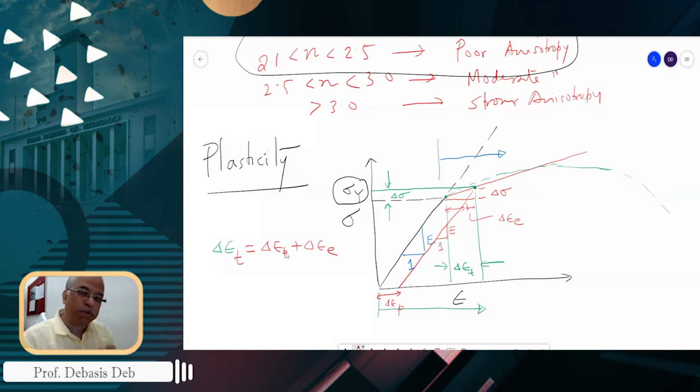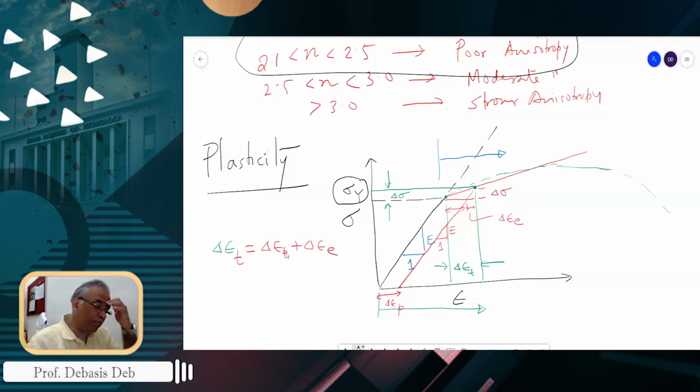That means this much strain I will not get back. So if I release the load, it will come here, not to zero. So this much strain I have already developed in the body and I will not get it back. I think you will study thermodynamics in the next semester. You have to pay very much attention.